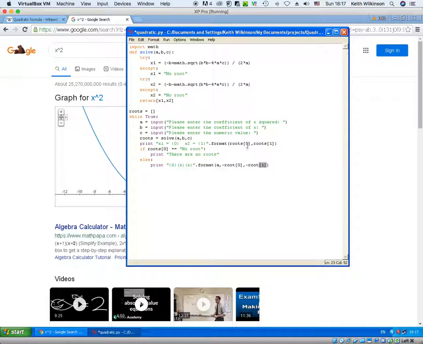So whatever my two roots were, I'm just negating them. So if you remember when it came out as x equals 1, my brackets were x minus 1 equals 0. So that's what I've done there.